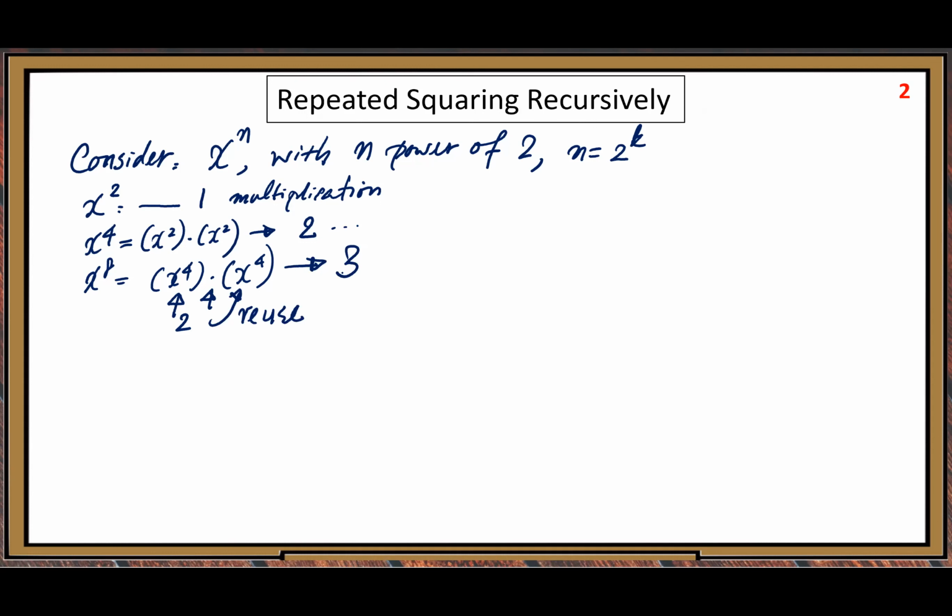Similarly, x to the 16th is x to the 8th times x to the 8th. The first copy of x to the 8th, we pay 3 multiplications. The second copy we reuse. Then the dot in the middle, we have to pay that cost. So the answer is 4 multiplications.